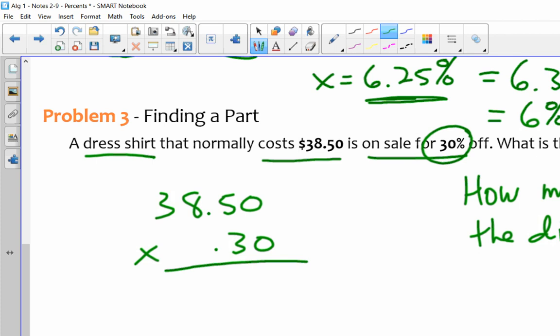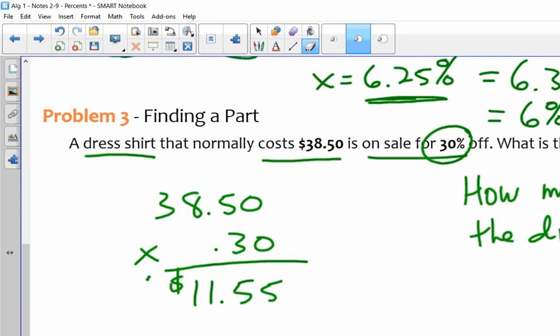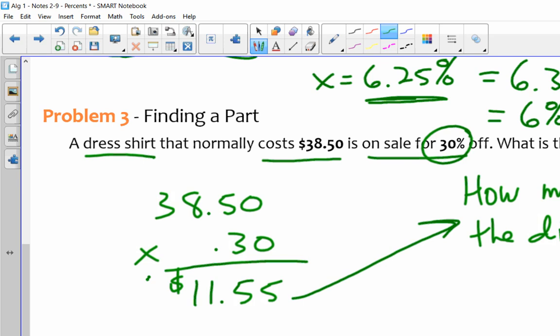Okay, when I do that, I get $11.55. Now that's the answer to this question. That's how much the discount is. But this question says, what is the sale price?